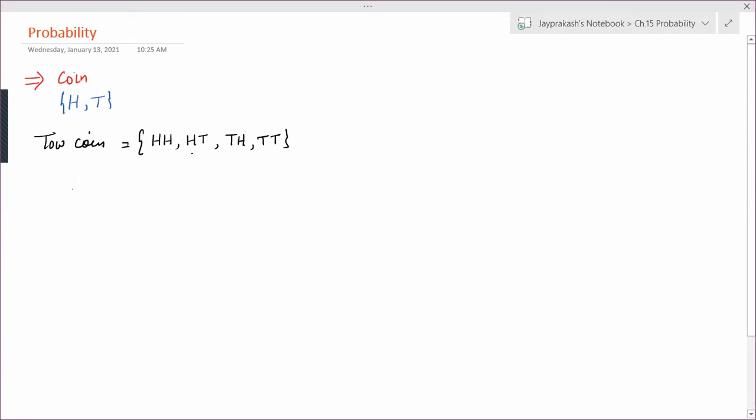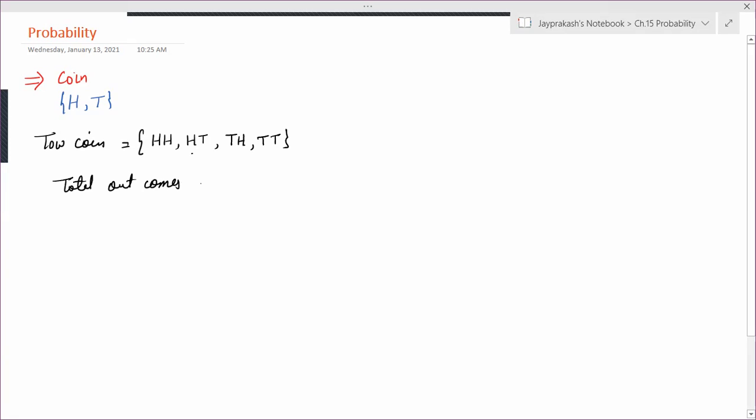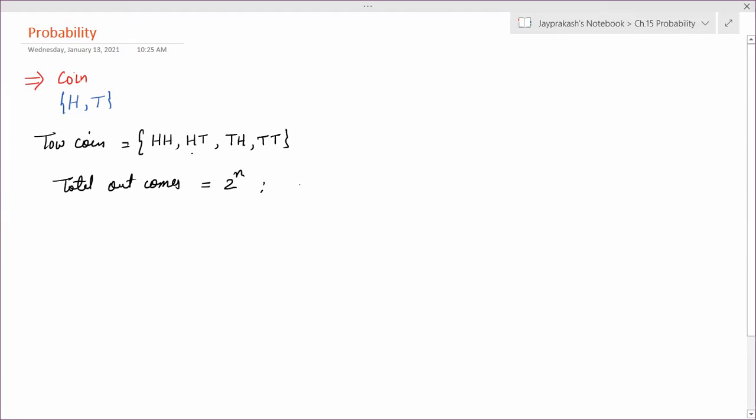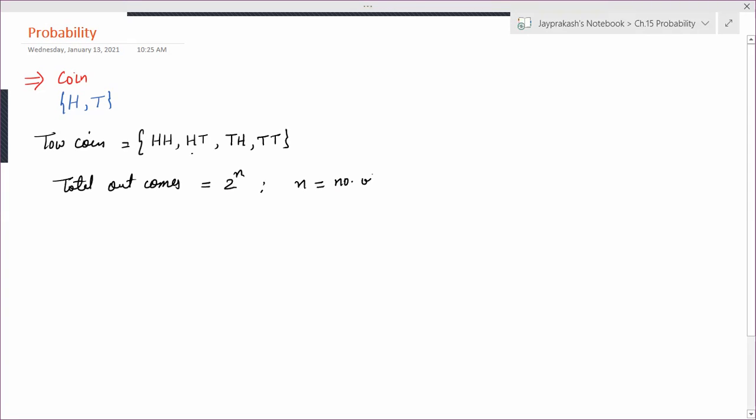So in the case of coins, we can simply write total outcomes is equal to 2 raised to n, where n is the number of tosses.